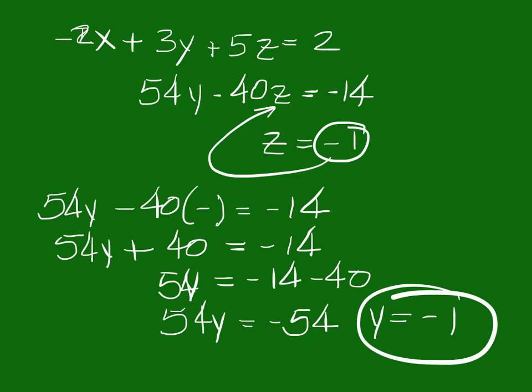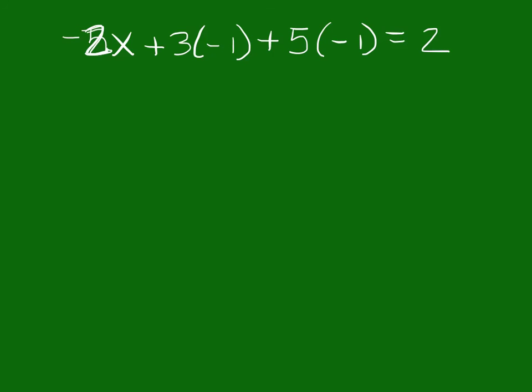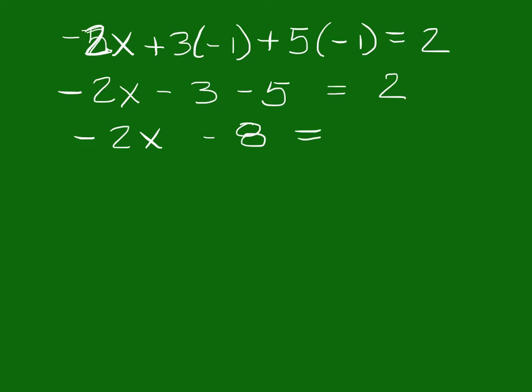So we have two negative 1s that we have to use up here in this equation. Negative 2x plus 3 times a negative 1 plus 5 times a negative 1 equals 2. That simplifies to minus 3 minus 5, which will also simplify to a negative 8.